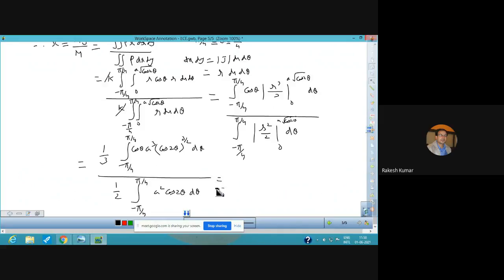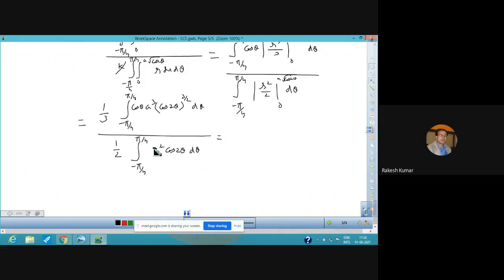Now, a square can be cancelled with this, so 1a is left, and that is 2a upon 3, that is minus pi by 4 to pi by 4.